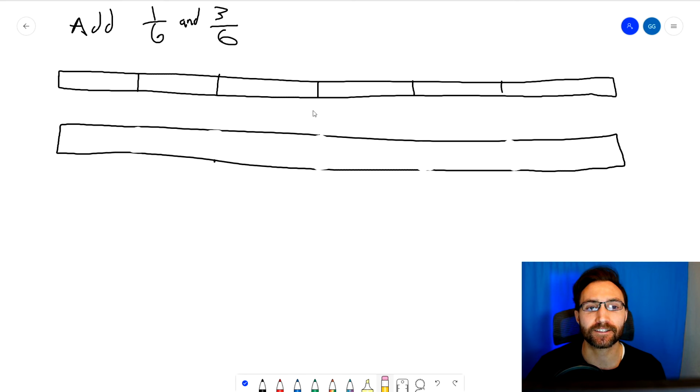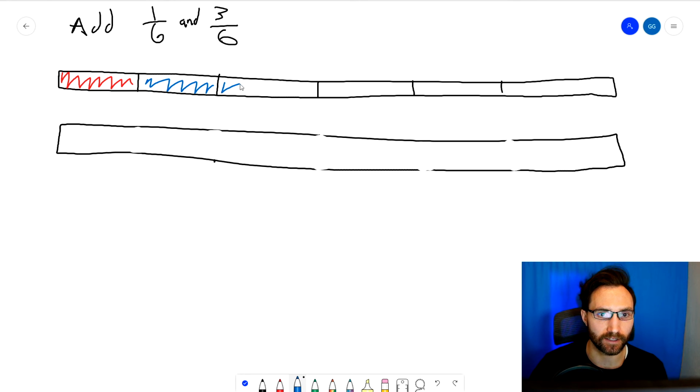All right, so our next problem to do together is let's add 1/6 and 3/6. Add 1/6 to 3/6, and let's remember to put the fraction in simplest form.